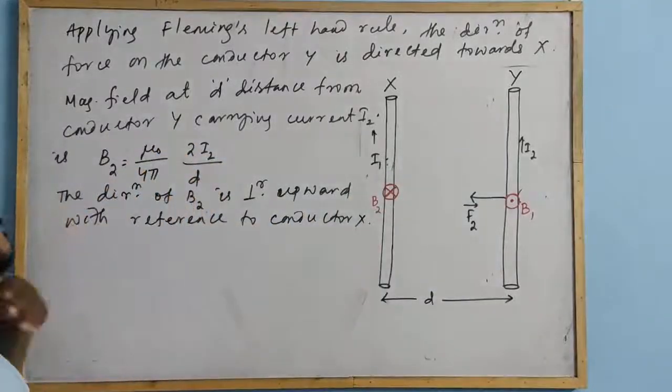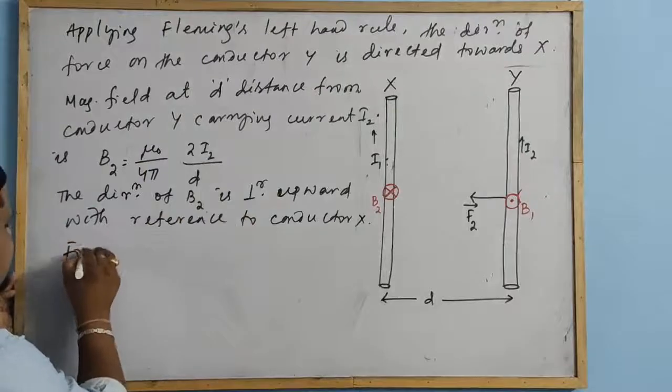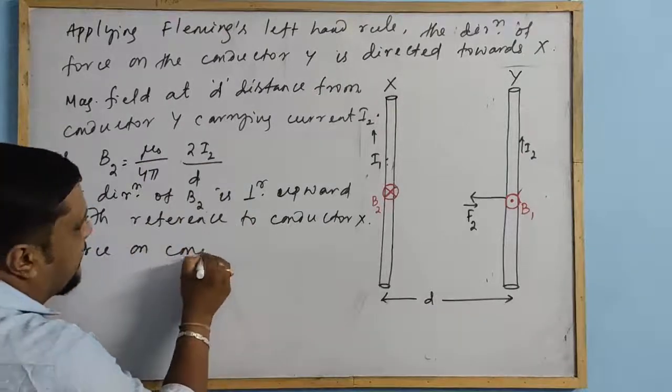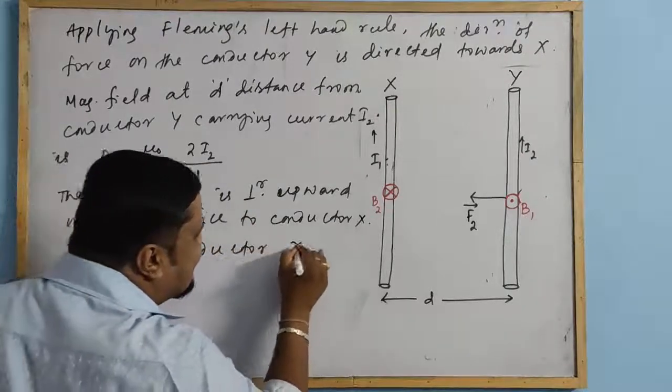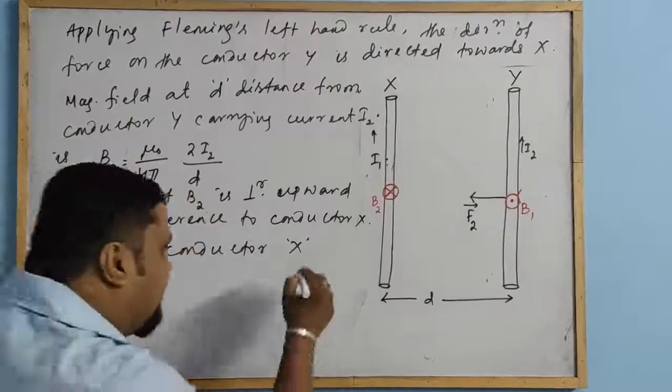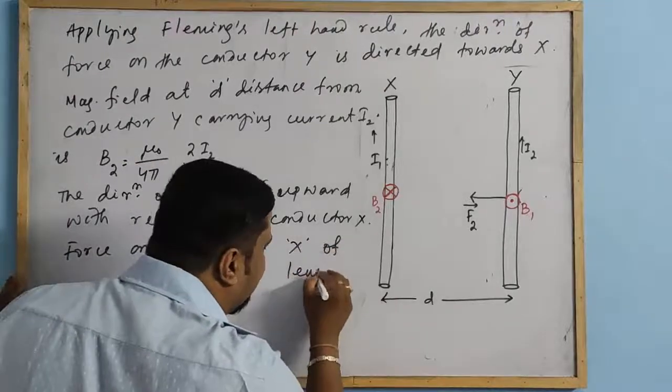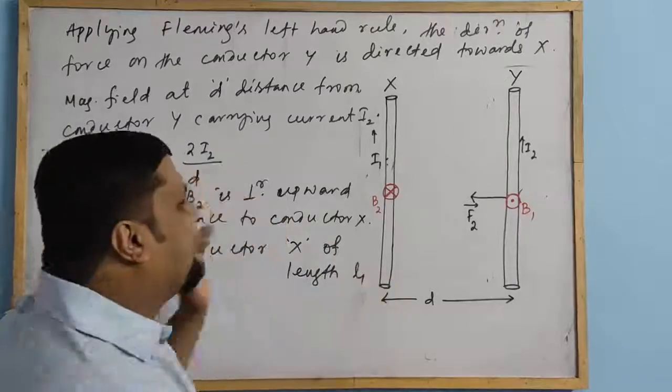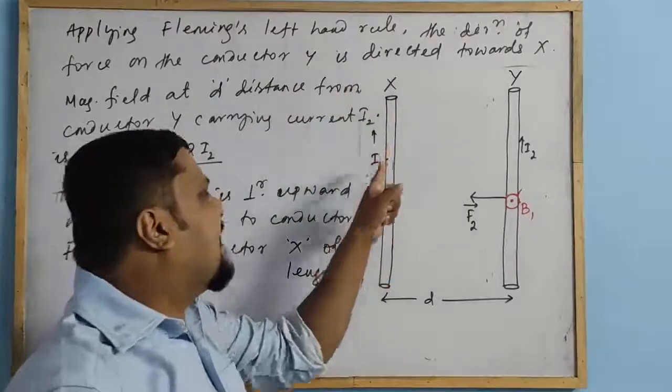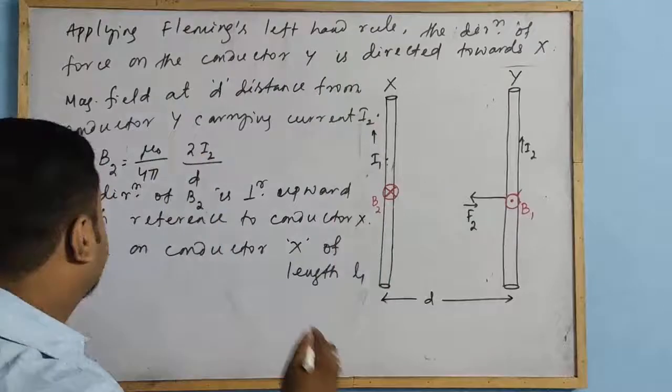Clear? Now, force on conductor X of length L1. I will take this length L1. It carries a current I1 in a magnetic field B2. What is the force?